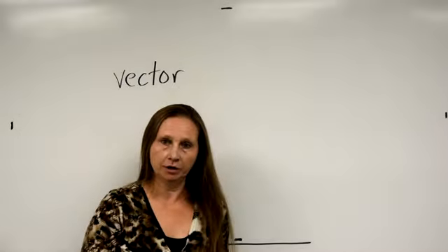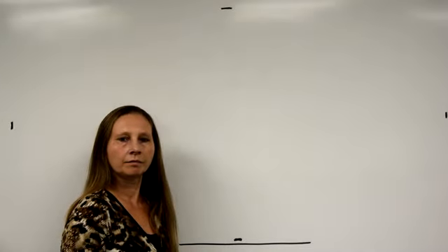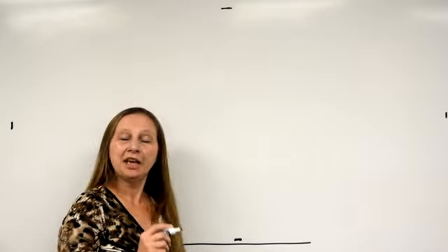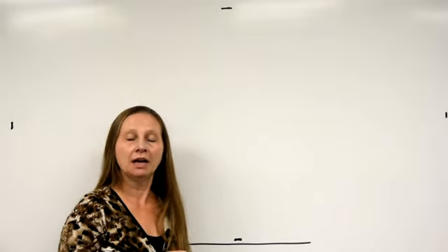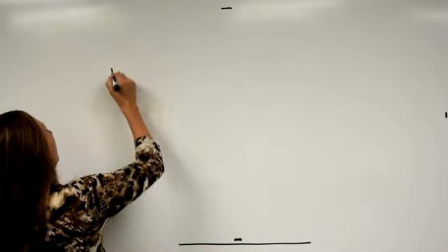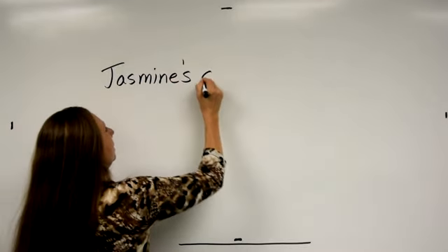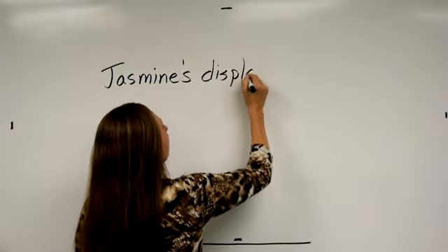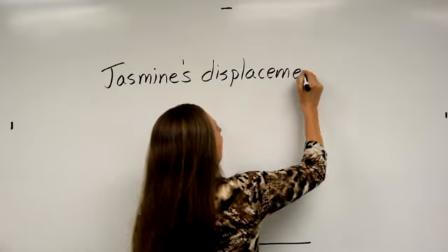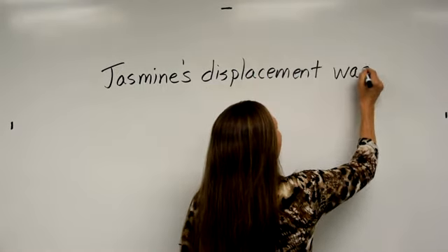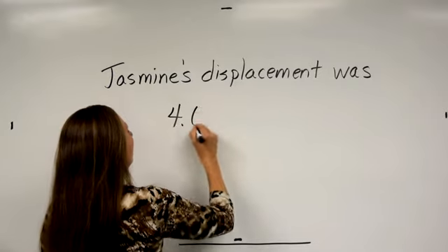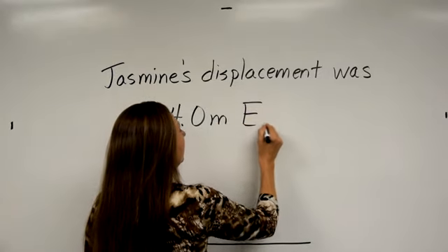Now, a vector, on the other hand, has both a magnitude and a direction. So, if we were to use Jasmine as an example, then we could write Jasmine's displacement was 4 meters east.